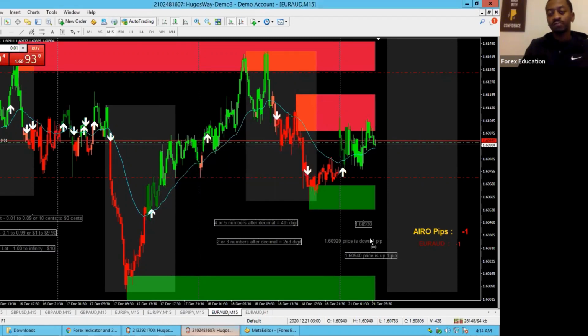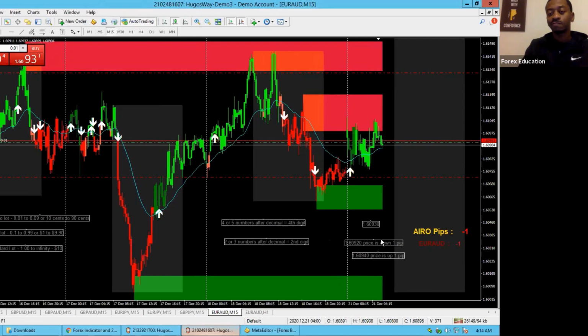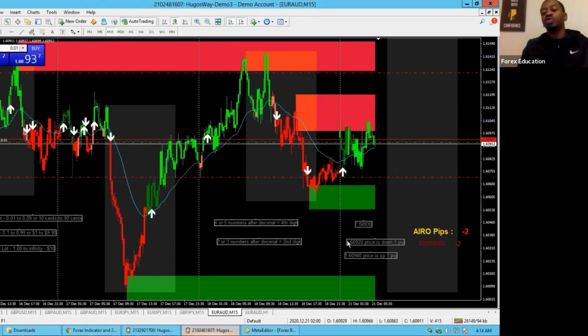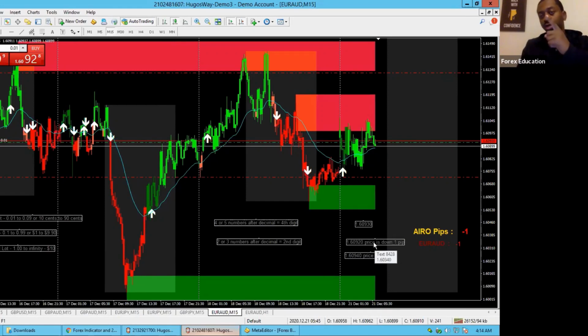So if we go from 1.60930 to 1.60920, price is down 1 pip because our price has 5 numbers after the decimal, and the 4th digit, which is the 3, is the pip. If we go down to 60920, we've gone down 1 pip. If we go up to 1.60940, we have gone up 1 pip. That's how it works.